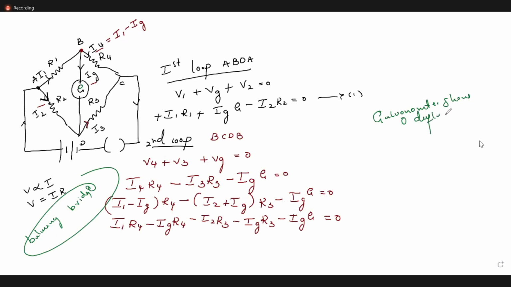Galvanometer is a sensitive device which is going to find out the current, right? So if the galvanometer shows 0 deflection, it means the current in the galvanometer is 0, meaning IG is equal to 0.